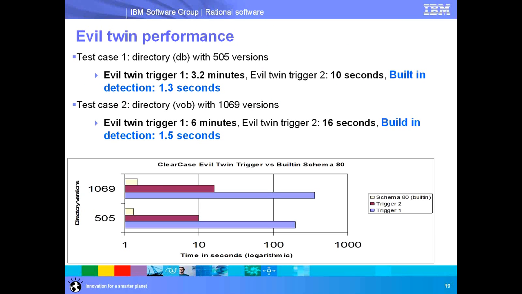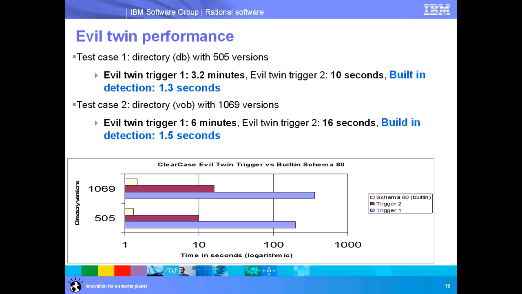So earlier I talked about the evil twin. This is one of the tests that we have done in our labs. We have tried to compare the performance of a custom-based or manually written trigger. We compared three things here. The blue one is one of the triggers, and the one which you see in yellow is the built-in evil twin feature that is available in 8.0.